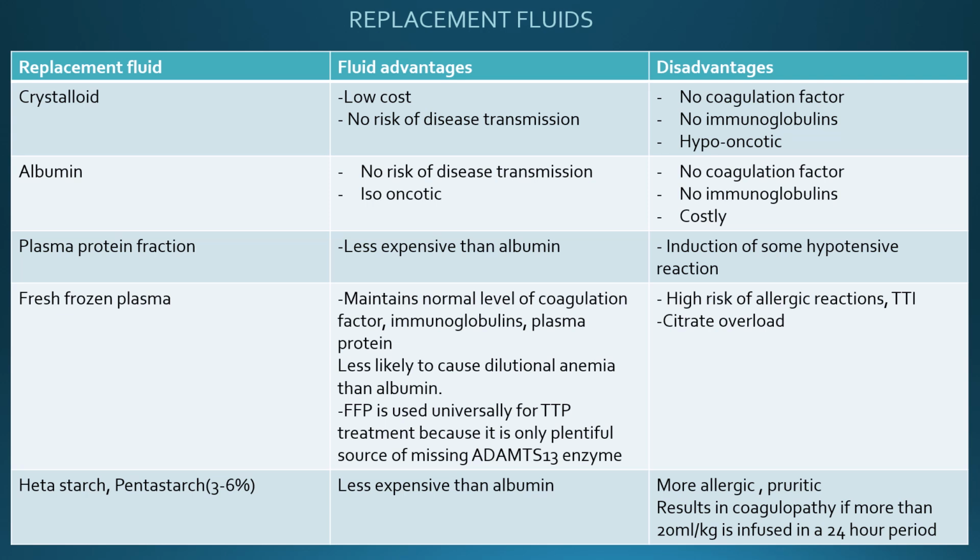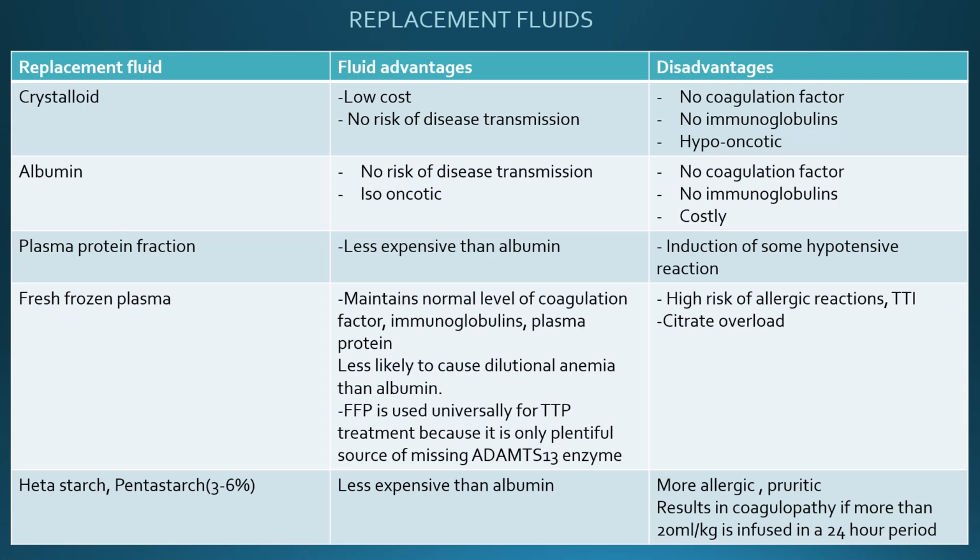It is usually given in combination with saline, and it is preferred in autoimmune disorders like GBS or MS. FFP contains clotting factors, so it maintains normal levels of coagulation factors, immunoglobulin and plasma protein, and it is less likely to cause dilutional anemia than albumin. FFP is used universally for TTP treatment because it is the only plentiful source of the missing ADAMTS 13 enzyme.